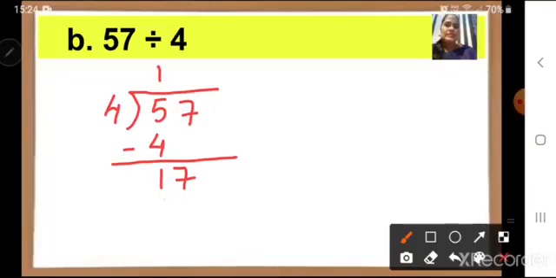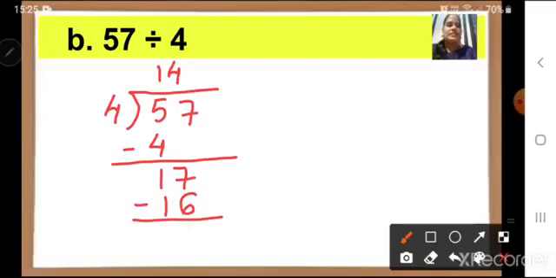Now let us say, children, the table with me. 4's table: 4 ones are 4, 4 twos are 8, 4 threes are 12, 4 fours are 16. So we have got here number 16, which is the nearest number, right? So we will write 4 fours are 16, and then we have to subtract.